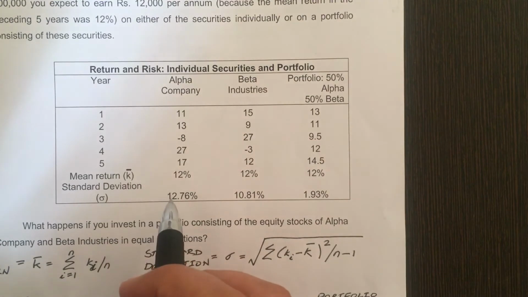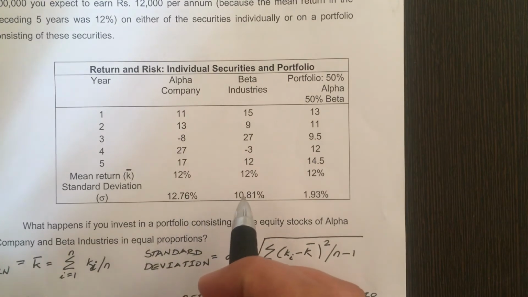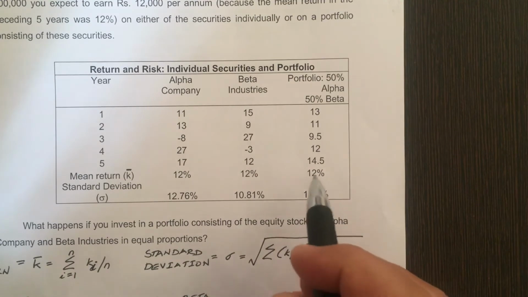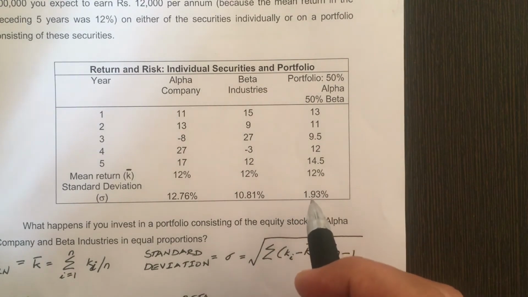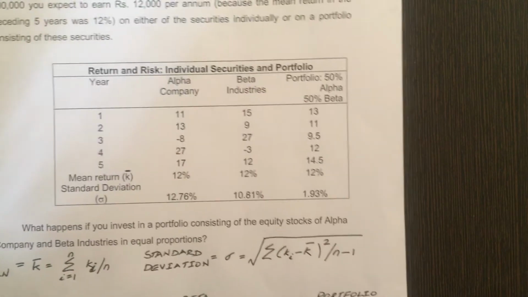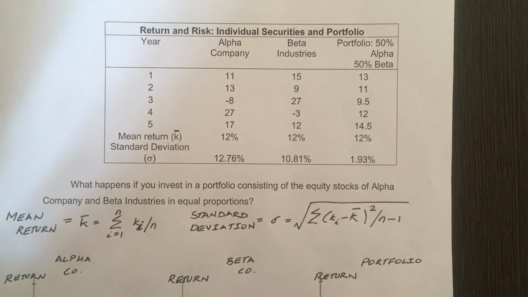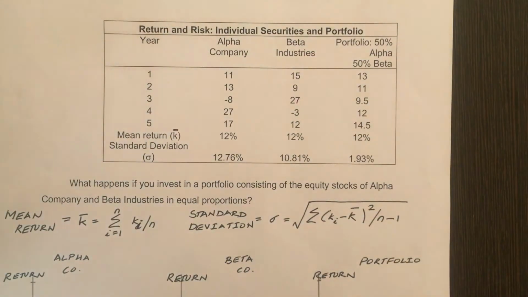The standard deviation for Alpha Company is 12.76%. For Beta Company it is 10.81%. But for the portfolio, when you combine these two securities, it is only 1.93%. Even though the mean return is the same, the standard deviation is much lesser.